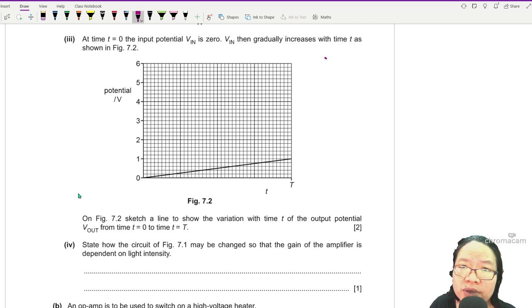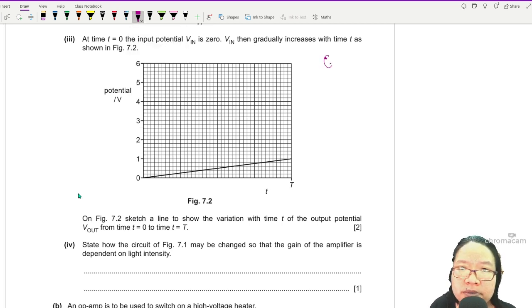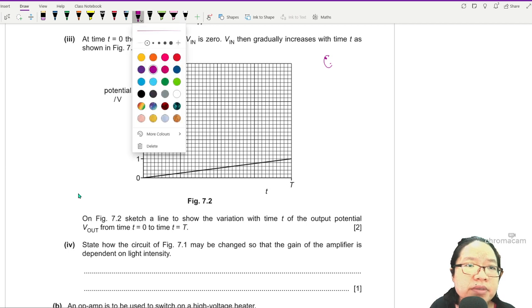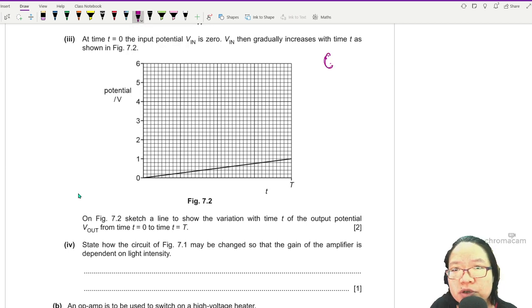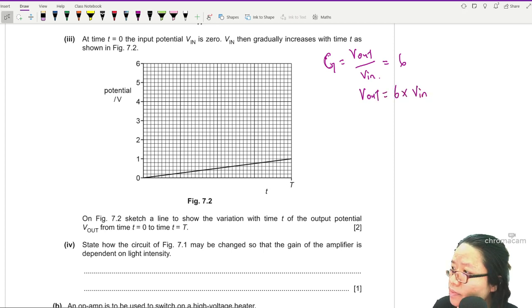Alright, so we know that gain is actually a multiplying factor. When I say multiplying factor, I mean gain is the ratio of V out to V in, which is equal to 6. Meaning I will multiply my input by 6. Output will be equal to 6 multiplied by input.